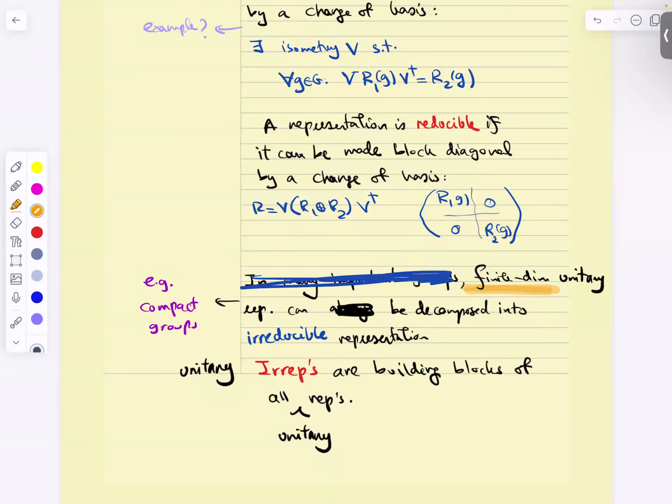Anything that runs to infinity is non-compact. Anything that loops around and comes back is compact. A sphere is compact. SO(N) is compact. O(N) is compact. SO(D,1) is not compact.